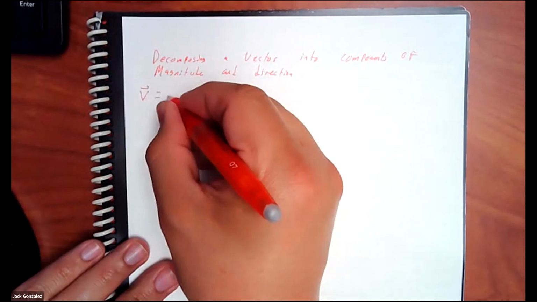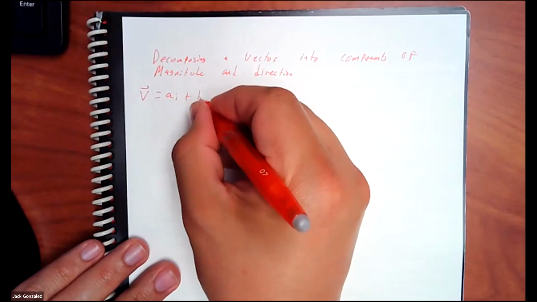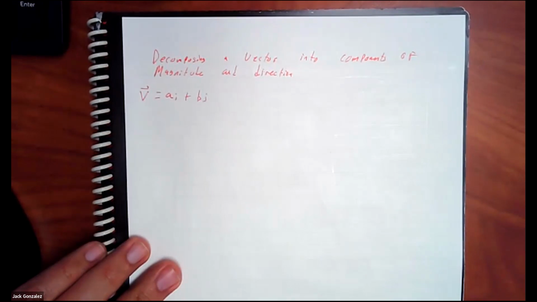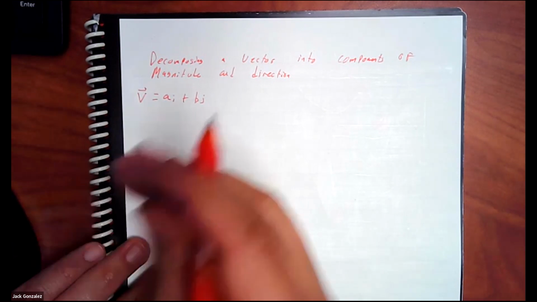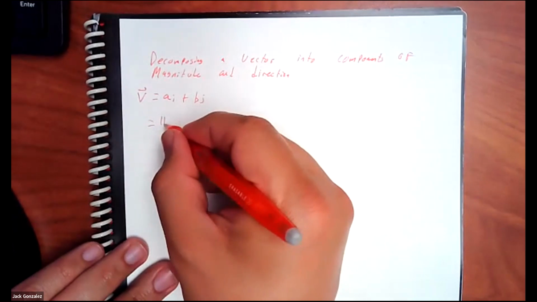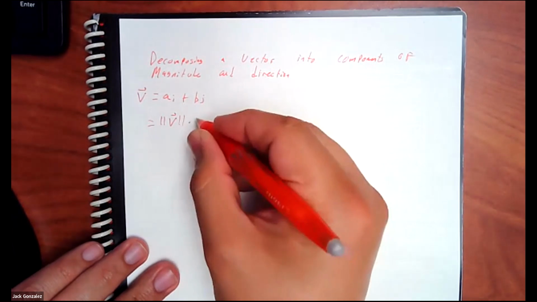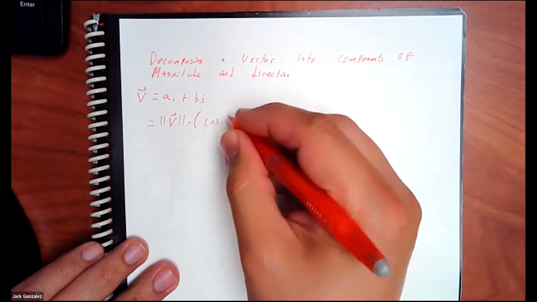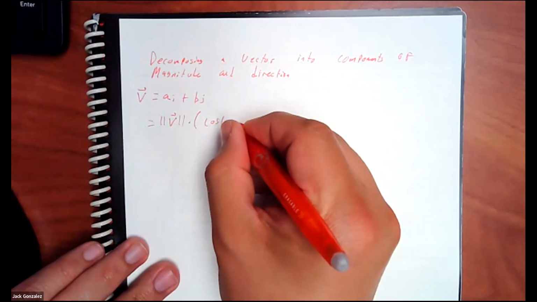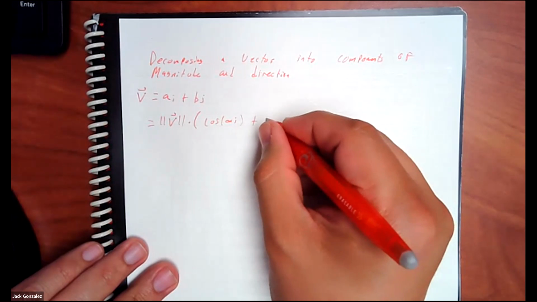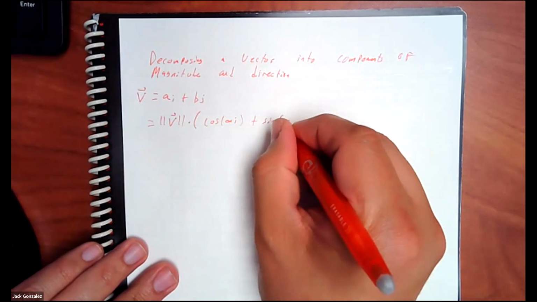V is equal to AI plus BJ, so that is equal to the magnitude of V times cosine of the angle alpha plus sine of the angle.